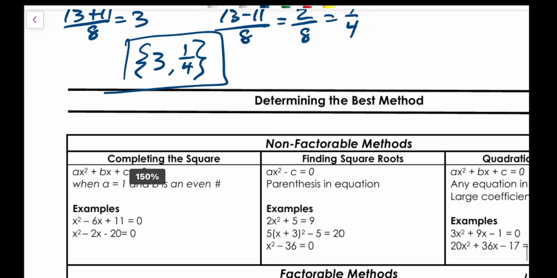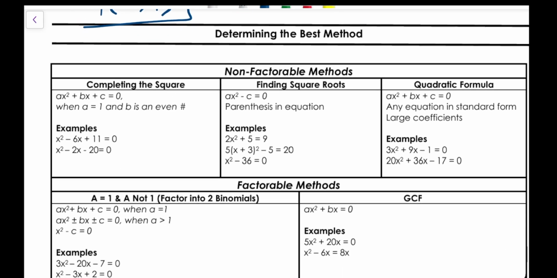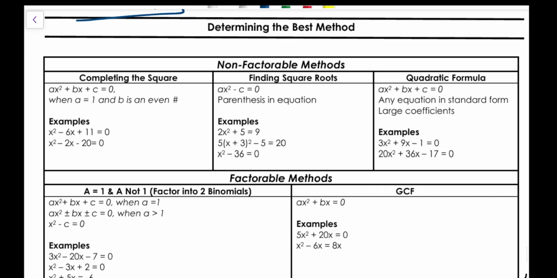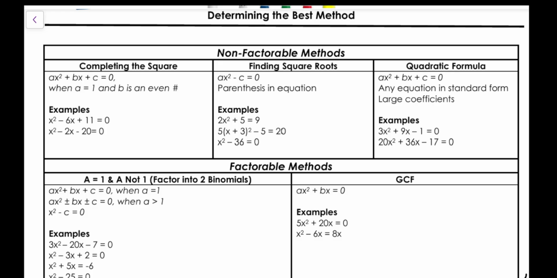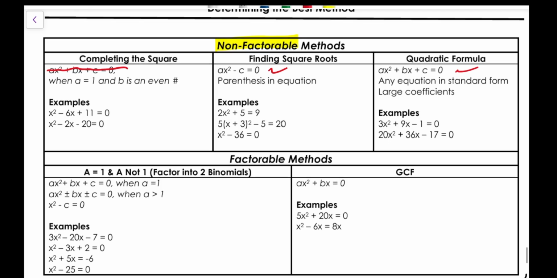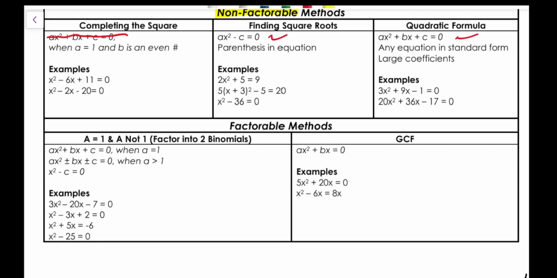Well, which is the best method to use? It all sort of depends. It depends on if something is factorable or not. If it's not factorable and we're ignoring completing the square for now, you might want to take a square root. You might want to use the quadratic formula. But if it is factorable, there's two different ones you want to think about. You want to think about if a is 1.